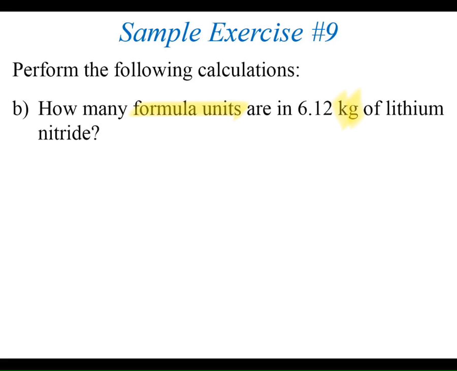So, start with what you know, which is 6.12 kilograms. What's the formula for lithium nitride? Li3N. The only extra little step here is what? Yeah, I'm in kilograms. I got to be in grams for the molar masses.